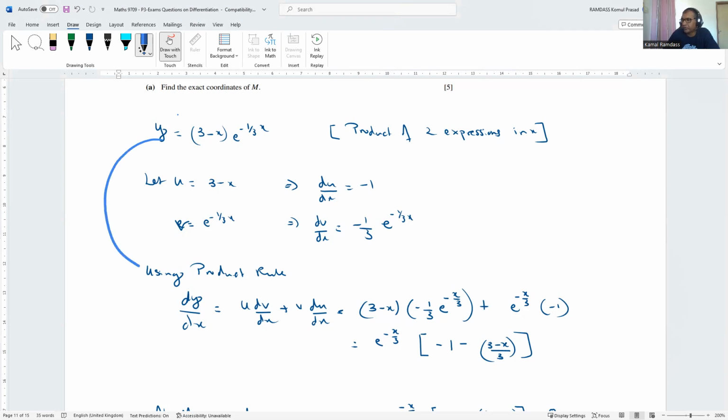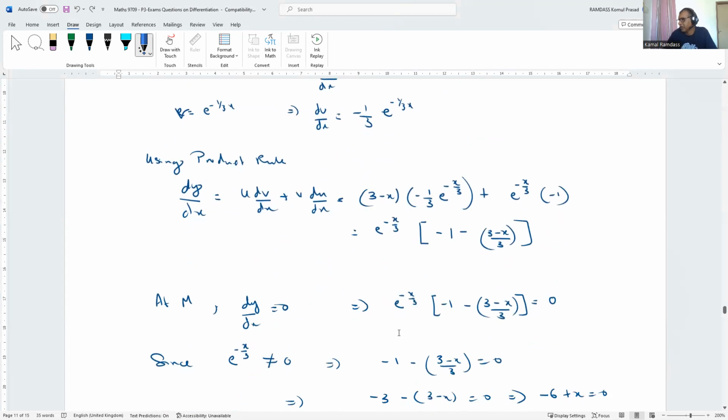Mais dy by dx, c'est u dv by dx plus v du by dx, which is equal to u c'est 3 minus x, et v c'est e to the power of minus 1/3 x, dv by dx is minus 1/3 e to the power of minus 1/3 x, minus x over 3. Ça veut dire u dv, 3 minus x times minus 1/3 e to the power of x divided by 3. On gagne ça là. Plus v, e to the power of x over 3 multiplied by minus 1.